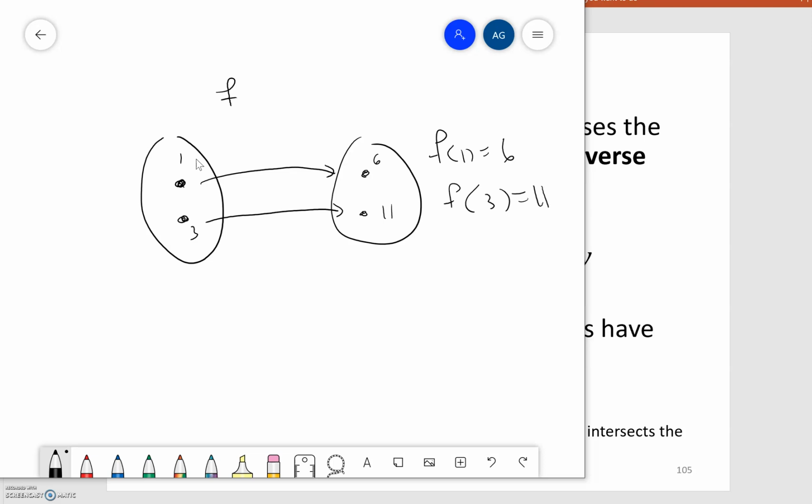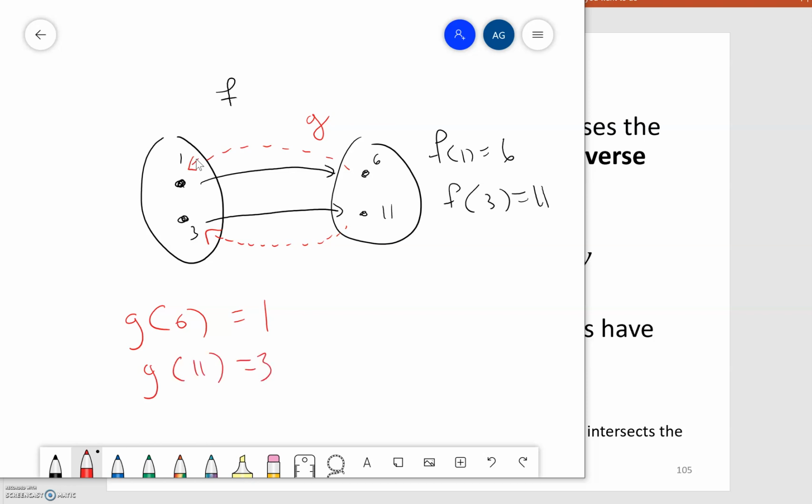And this is just a very limited function with only a domain of 2 values. So the associated inverse function for this would basically run this backwards. So if we went this way, and we went this way, let's actually call that function, just for a moment, g.